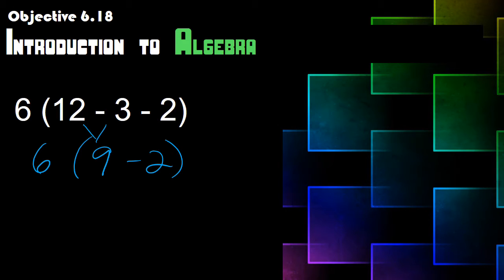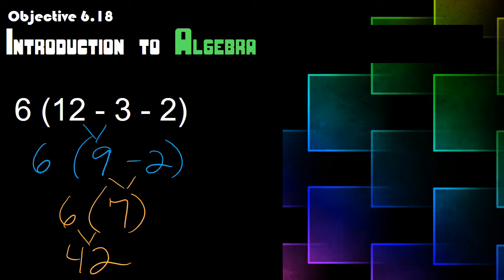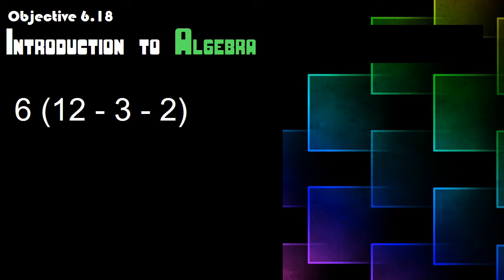But as we continue on, 9 minus 2 is 7, times 6 gives us 42 when we did order of operations. But we're also going to experiment with the distributive property. So what we're going to do here is distribute the 6 into 12 minus 3 minus 2.